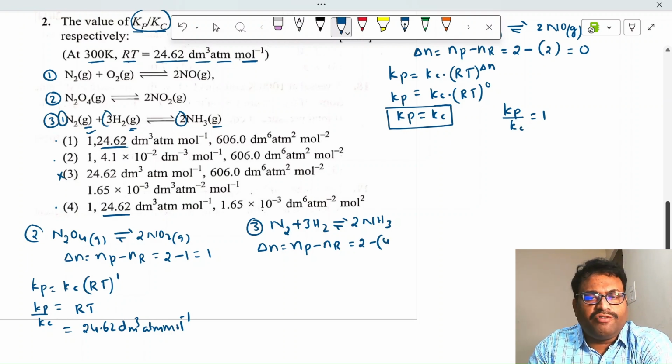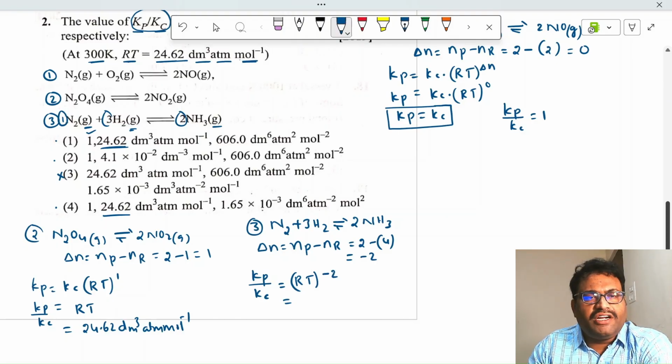So 1 plus 3, 4, that is equal to minus 2. Okay. So then we got delta N. Then we have to calculate Kp by Kc. We know that Kp by Kc is equal to RT power minus 2.